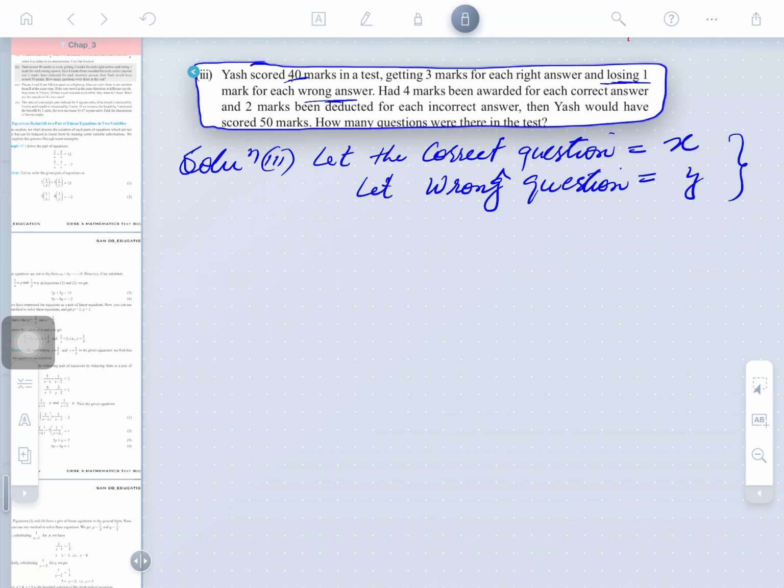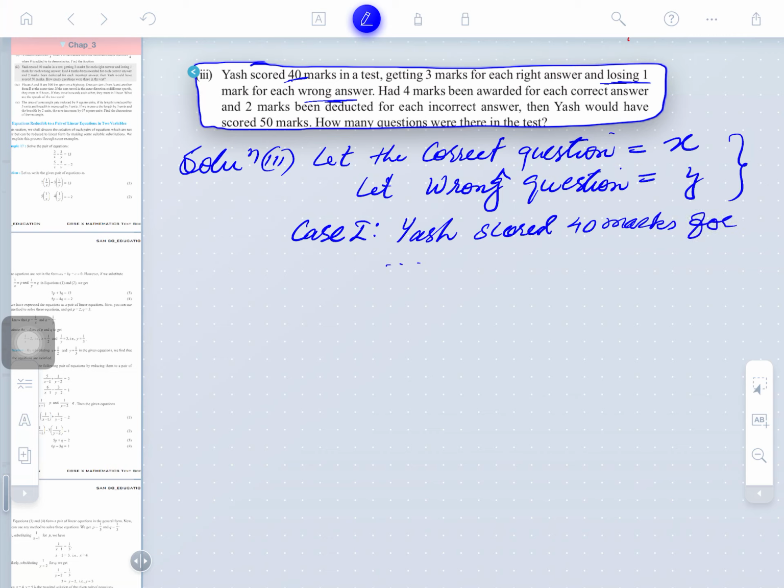Questions attempted wrongly. What will it be here, please? The first case is: Yes scored 40 marks.